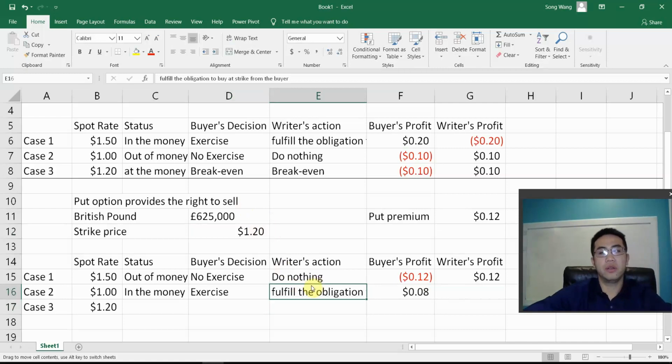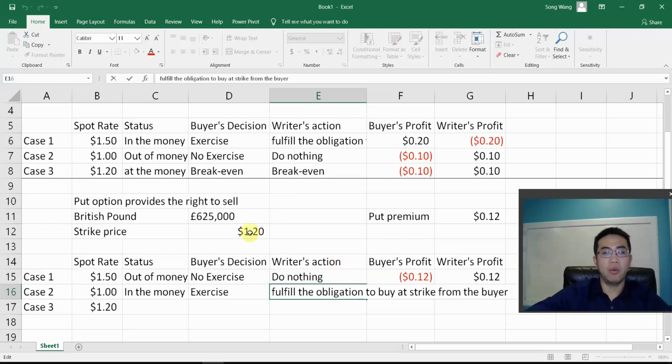So you can read this line of description. That's the writer's action. That means the writers will pay $1.2 to the option buyer to get this large amount of British pounds. And this option writer will clear the position by selling the British pounds they just purchased.